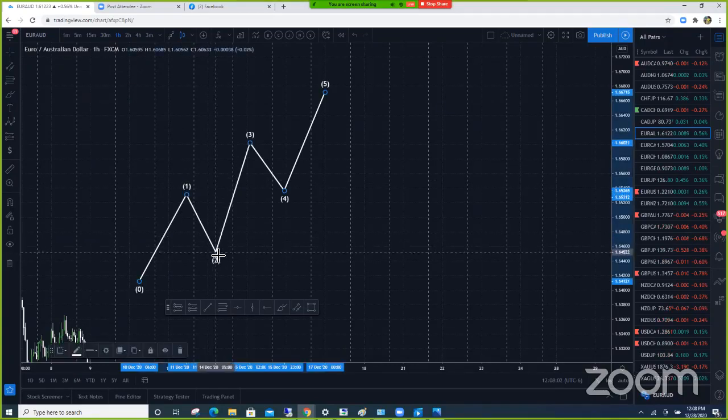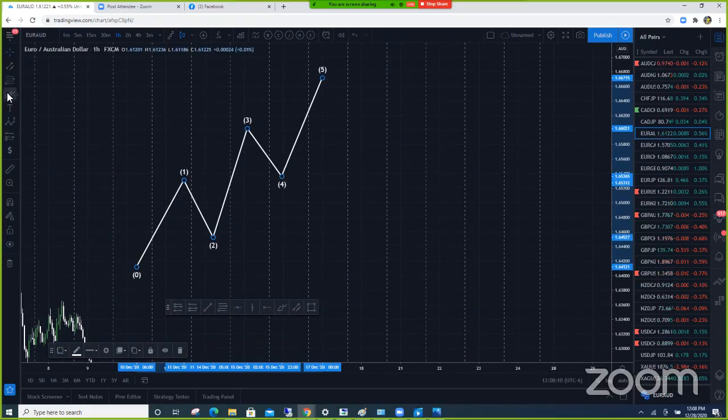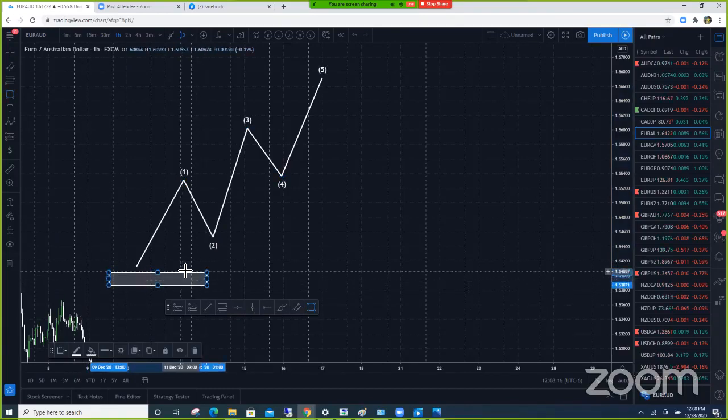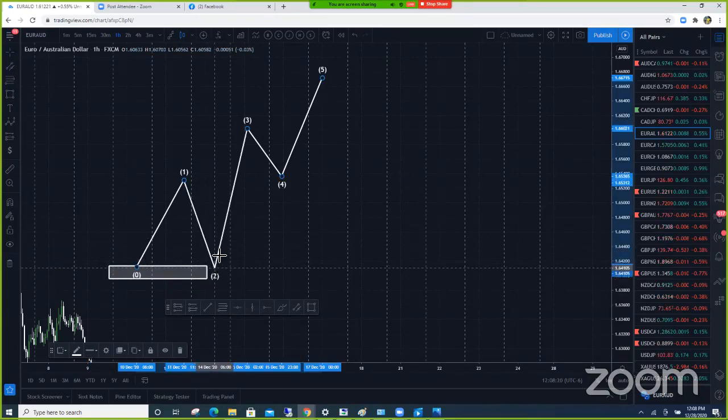So in an uptrend, higher high, higher low, as long as the low doesn't cross this low, as long as this isn't broken, it can do this, or it can go down here.